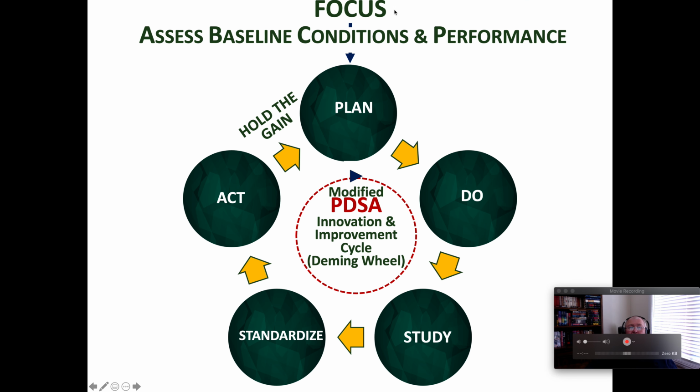You would initially establish the baseline results, plan the change, implement the change, probably on a small scale, study the results of the change, and then before you ever make any changes on a broad scale, standardize what you're doing. The reason that you're standardizing is so that once you implement any changes, they are implemented in the same way everywhere they go.